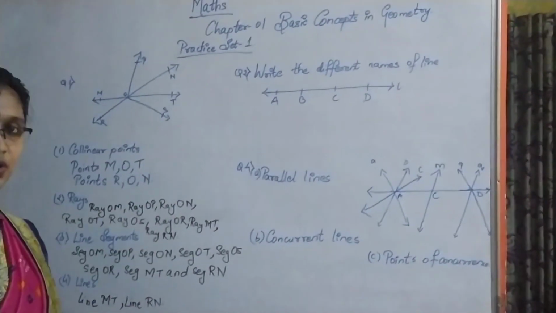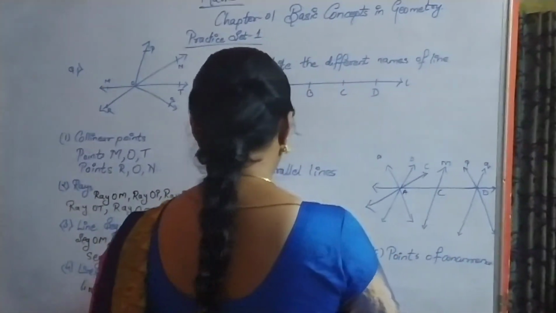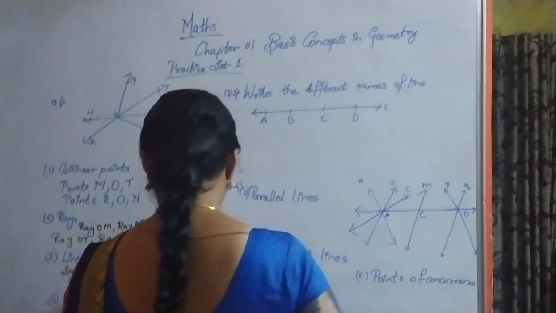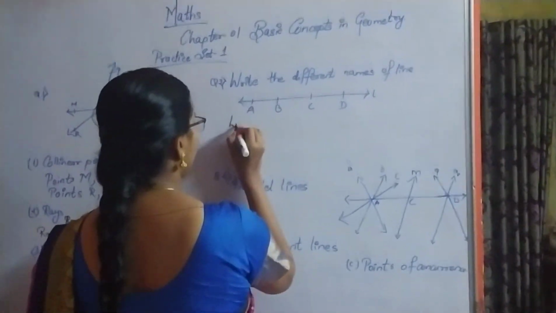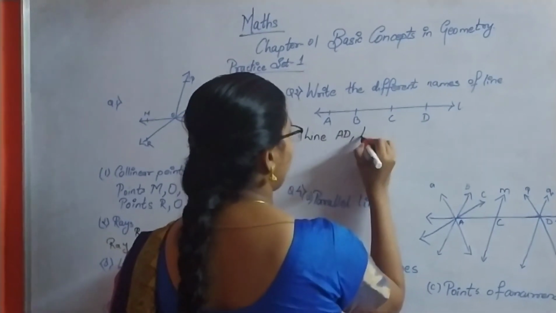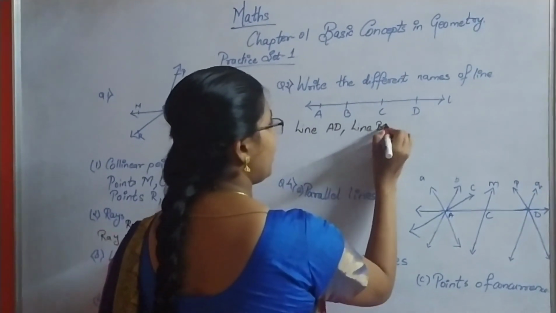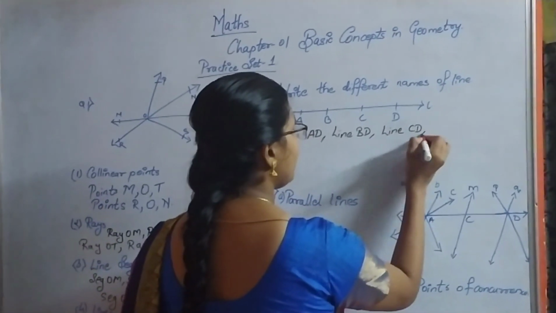Coming to the next question, write the different names of the line. Now here, different names of the line. If I take A and D, I have line AD. I take B and D, line BD. Next, line CD.